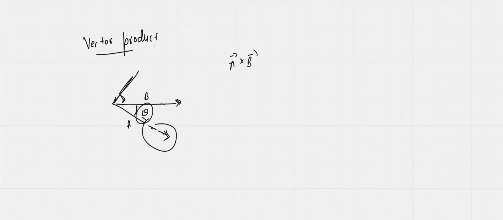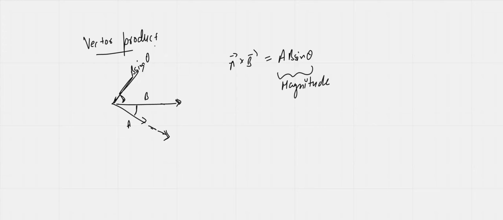This is theta, so I call this component b sine theta, and this is a as it is. Now I can simply multiply them, and this is what gives the magnitude of the product. Magnitude, okay.